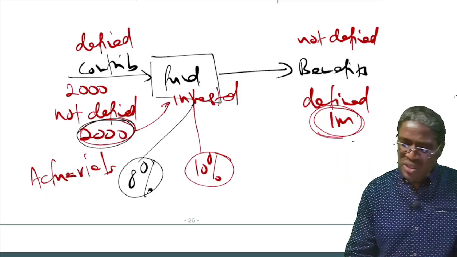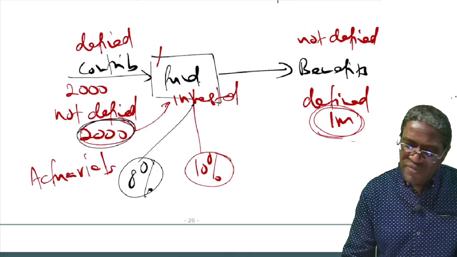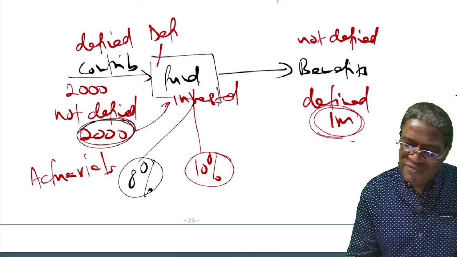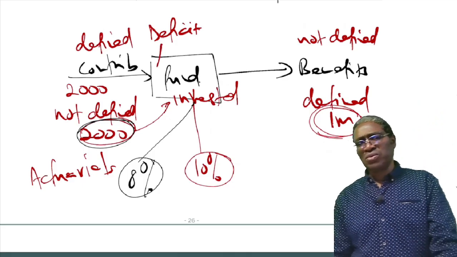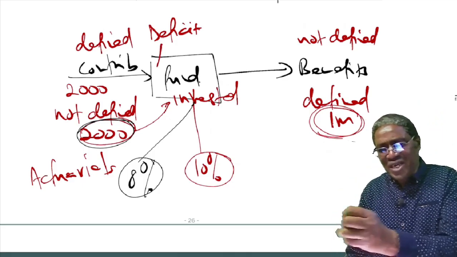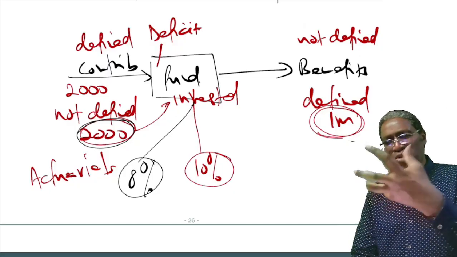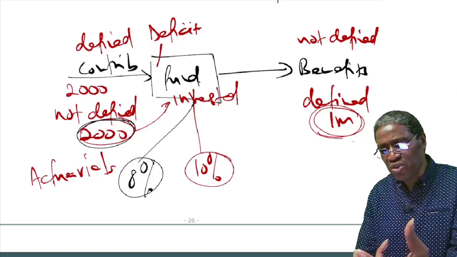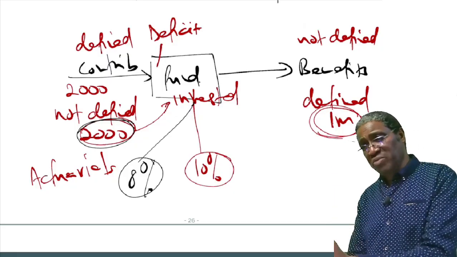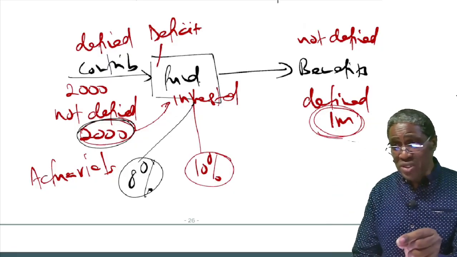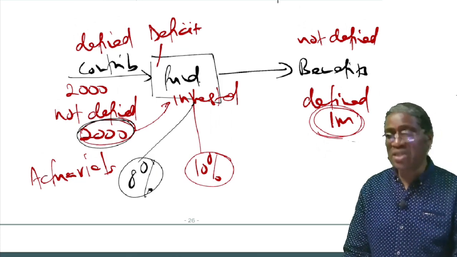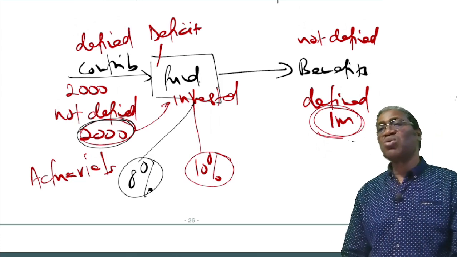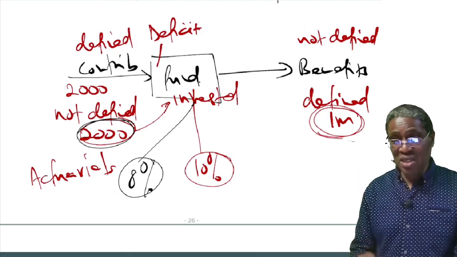In other words, this fund will now develop what we call a deficit. So we expected a return of 10%. We projected that if we make a contribution of 2,000, it will create a fund of 1 million. But now after 2 years into the scheme, we realize the return is no longer 10%, but 8%. So that will create a deficit in the fund.